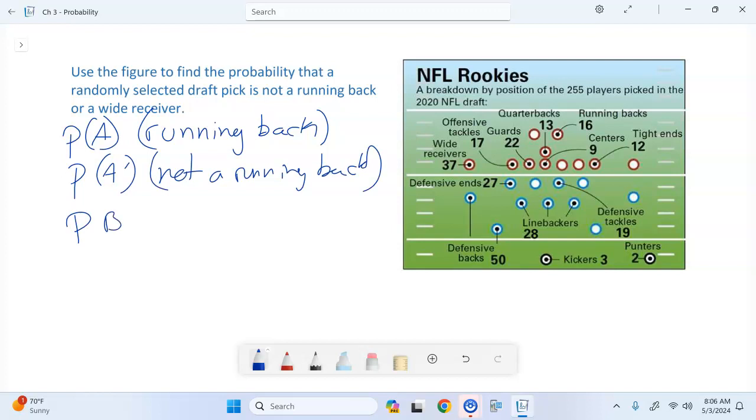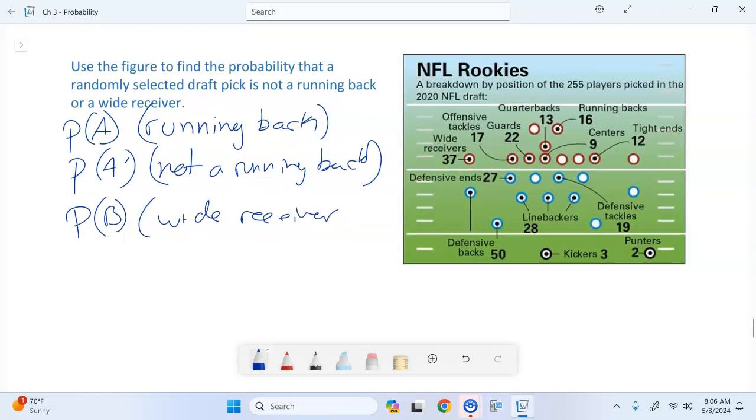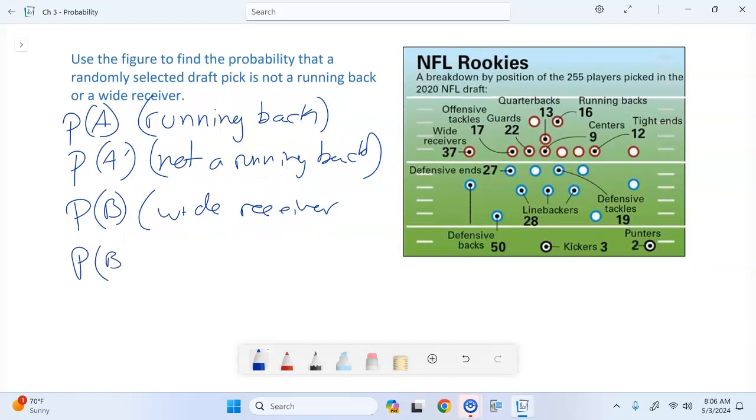And probability of event B being a wide receiver, so we have the complement being not a wide receiver. So we want to find the probability that they're not one or the other.